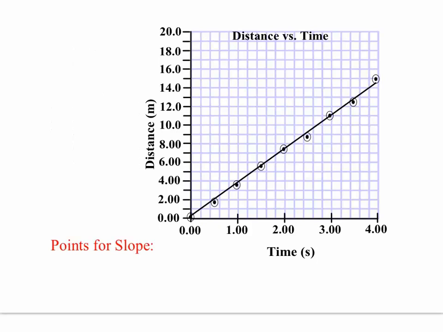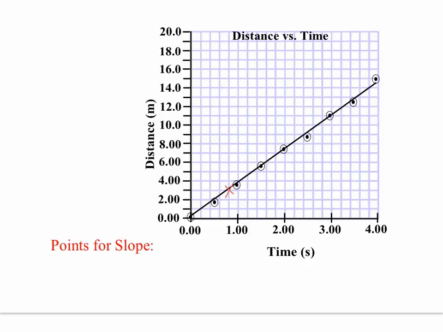Next, we're going to calculate the slope of this line. In order to do that, we need 2 points that occur on our best fit line. So I'm going to look at my best fit line, and I'm going to choose 2 new points. In physics class, we ask that you pick points that are non-data points, so don't use any of the donuts. Pick 2 new points, and label them in some way that is different from the donuts.